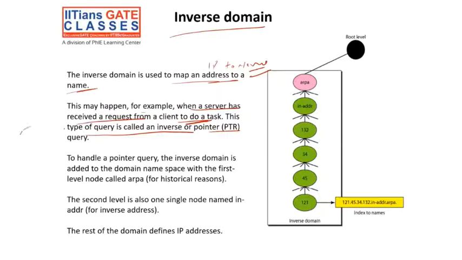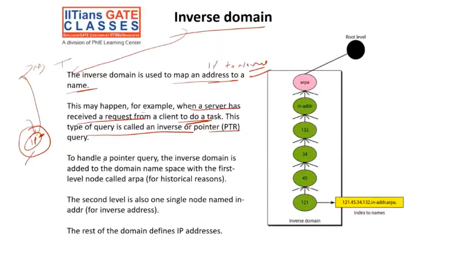Now the server needs to do some task, and the server has the IP, but the server doesn't know the domain name. So the server can send the IP to the DNS server, to the inverse domain, to find out the domain name corresponding to that IP.